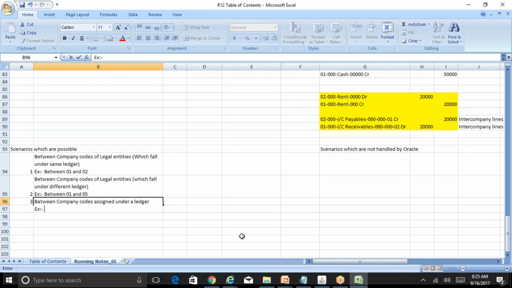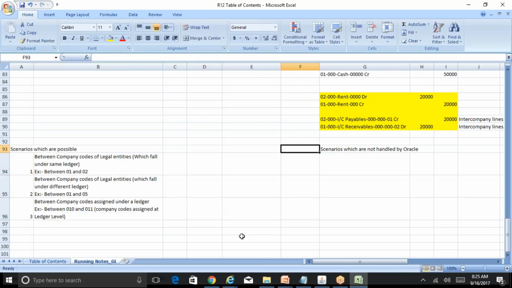So it could be something like between 010 and 011 company codes assigned at the ledger level.